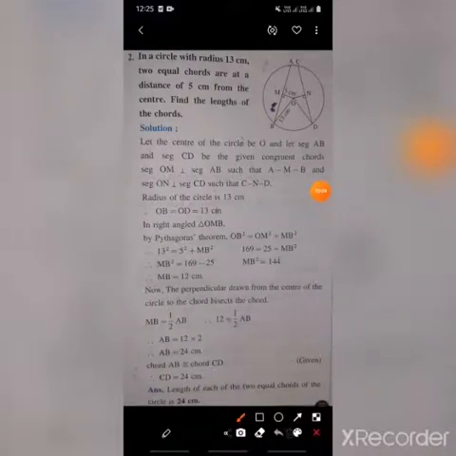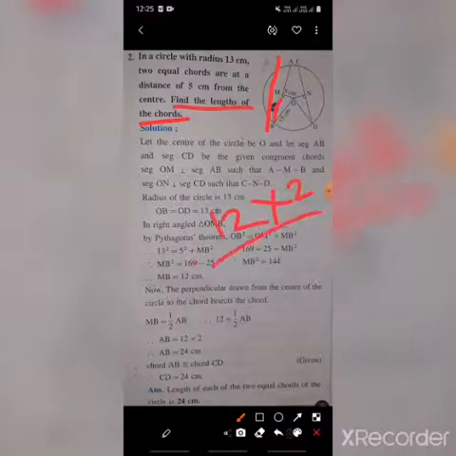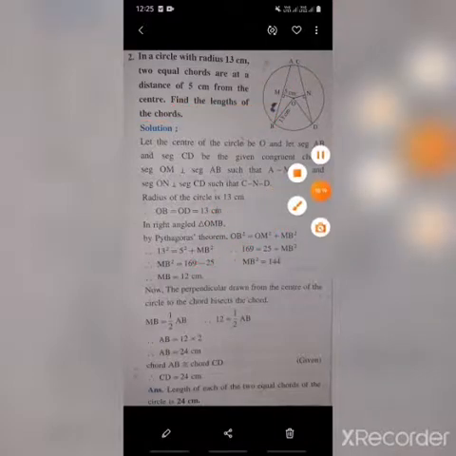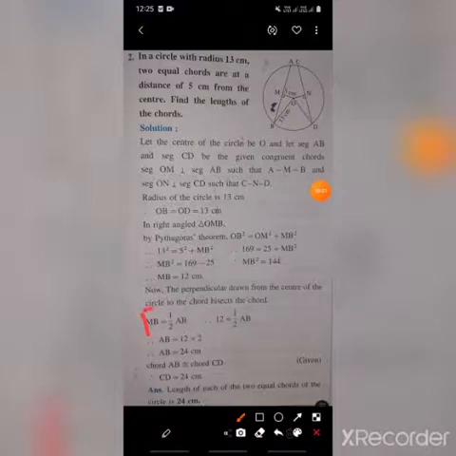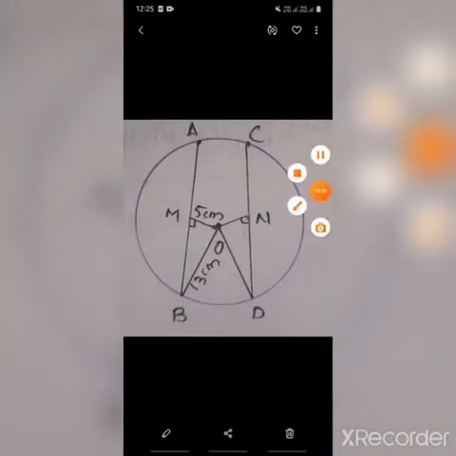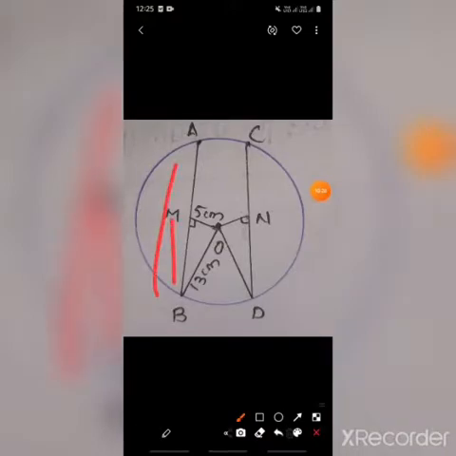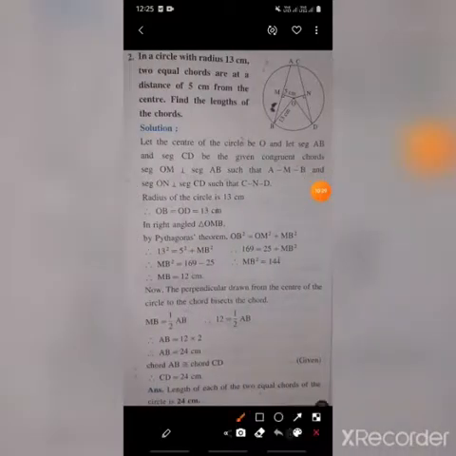Then the question is to find the length of a chord. We have to find AB. Here we found MB, so MB is 12. We multiply 12 by 2, because we have to find the full line. MB is half of AB. So MB is equal to 12, and AB we have to find, the chord.